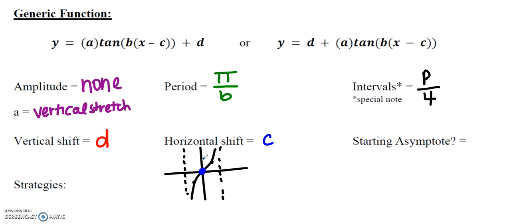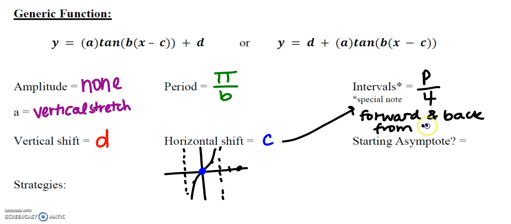And then we'll move things to the left or right depending on that blue dot, which means that when we count our intervals, instead of starting here and counting to the right 4 tick marks, you can do that. We'd end up here and this other point. We also need to count backwards. So we're going to go forward and back from C, and we'll see what that looks like when we practice graphing these.